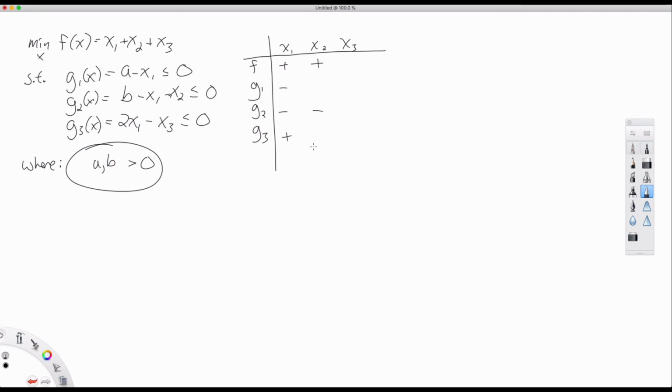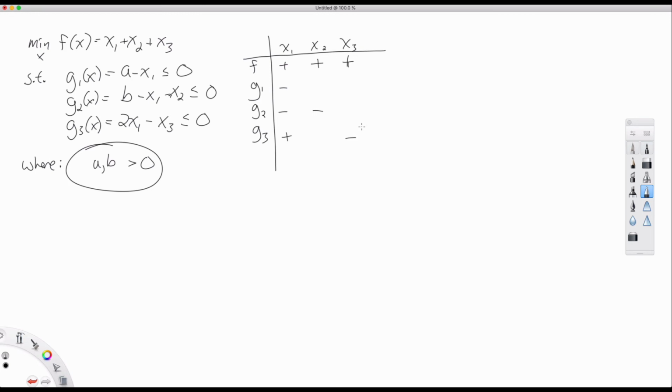That indicates either we have missing information or there's not a relationship. With x3, again, for f of x, we have this positive monotonic relationship. And then we see that only g3 depends on x3, and the partial derivative with respect to x3 is negative.